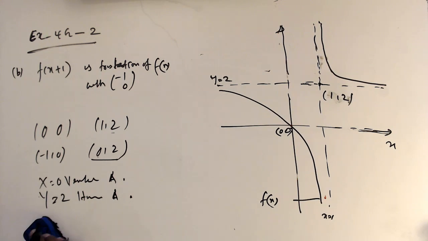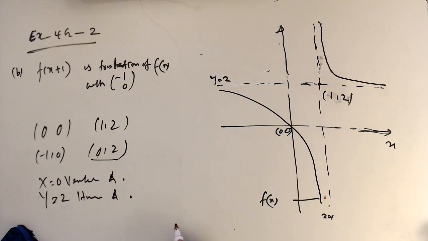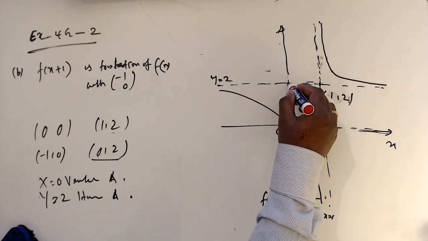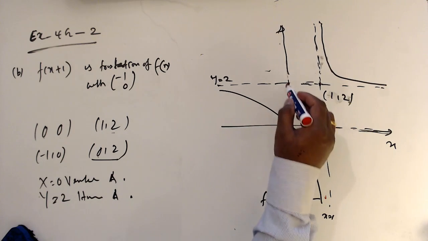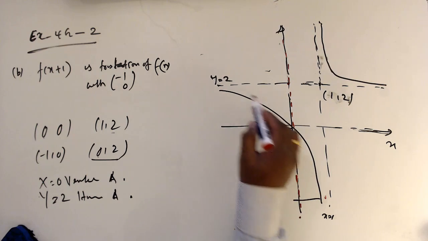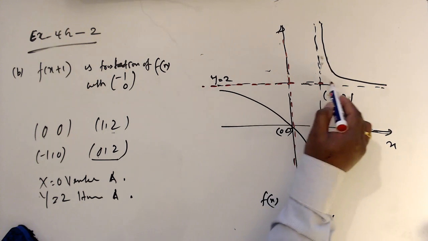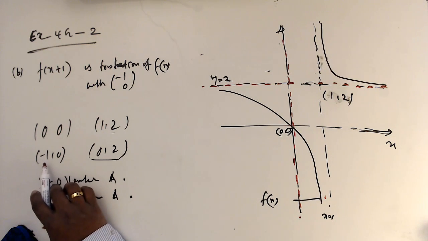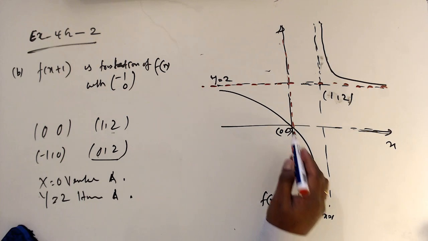Now let's mark this on the curve. So 1, 2 becomes 0, 2. So it is still there. Okay, now this is the new asymptote and 2 is going to be as it is, and 0, 0 becomes minus 1, 0.